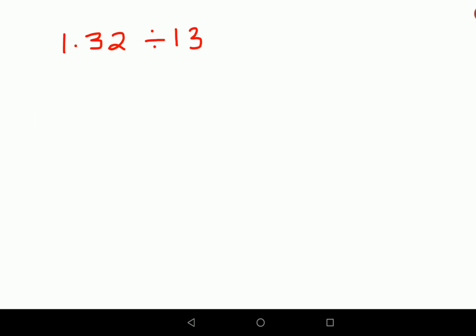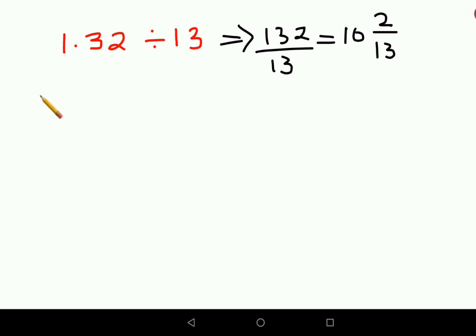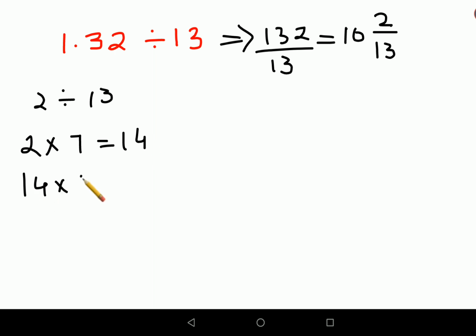Now we have 1.32. Again we will take this as 132 divided by 13. So 13 tens gets you 130. So 2 remains. Let's do 2 divided by 13 first. 2 into 7 gets you 14. 14 into 11 gets you 154. 154 minus 1 will get you 153.